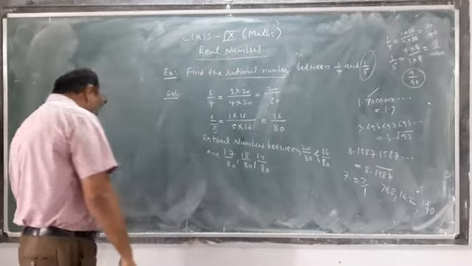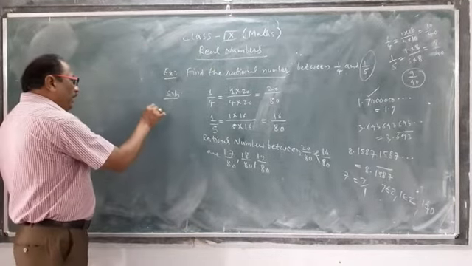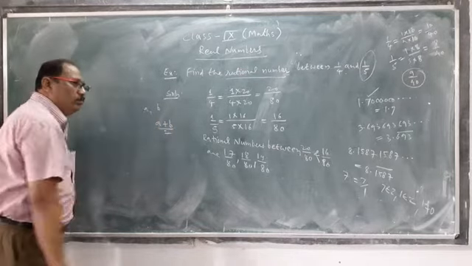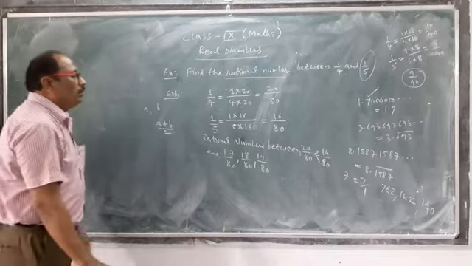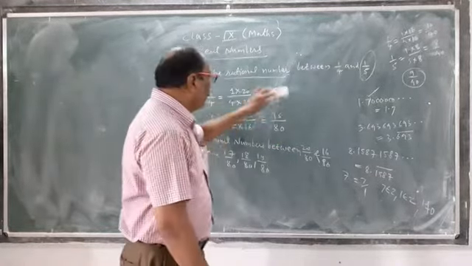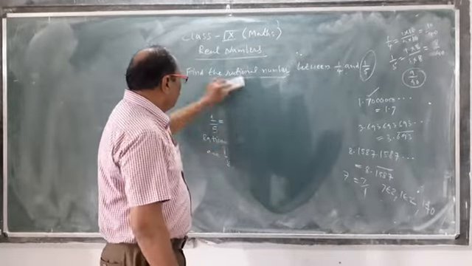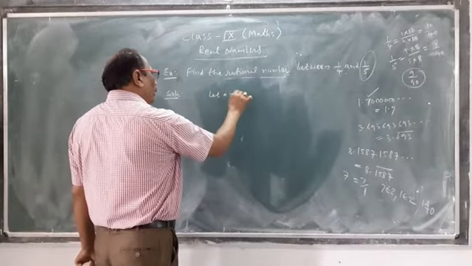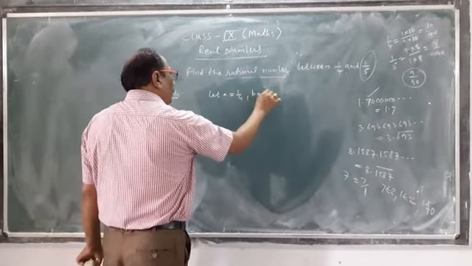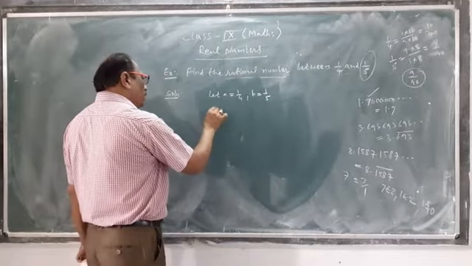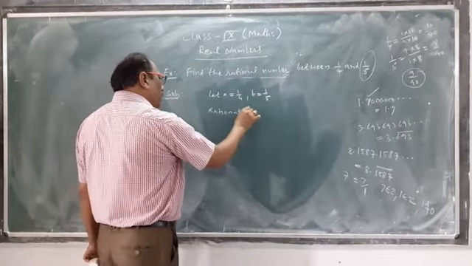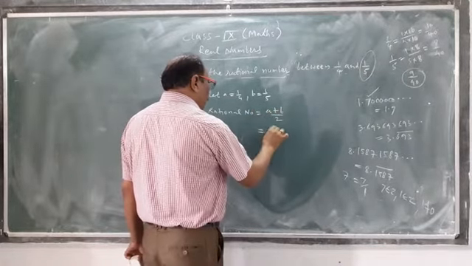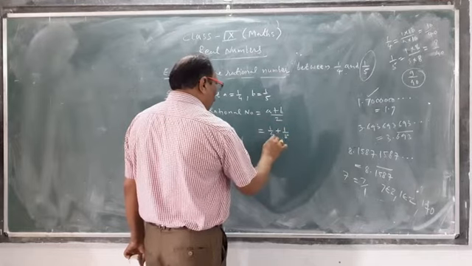Another method is also there. If the numbers are a and b, the rational number between these two numbers is (a plus b) upon 2. So the number between 1 upon 4 and 1 upon 5: let a is equal to 1 upon 4, b is equal to 1 upon 5. The rational number is equal to (a plus b) upon 2, that is (1 upon 4 plus 1 upon 5) upon 2.